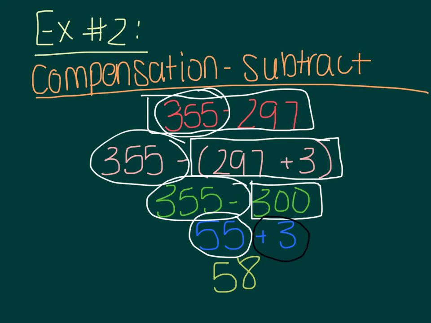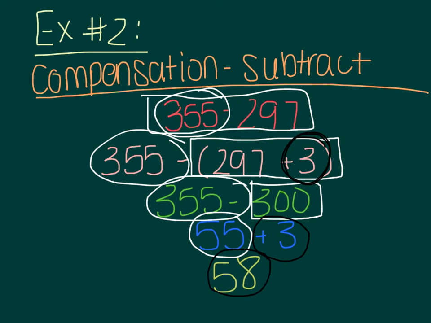Now to our answer, we have to add 3 because we added 3 up here. And the reason we do that is because we have to add back to the difference the extra amount that we subtracted. And I know that sounds a little bit tricky, but we end up with the answer 58.